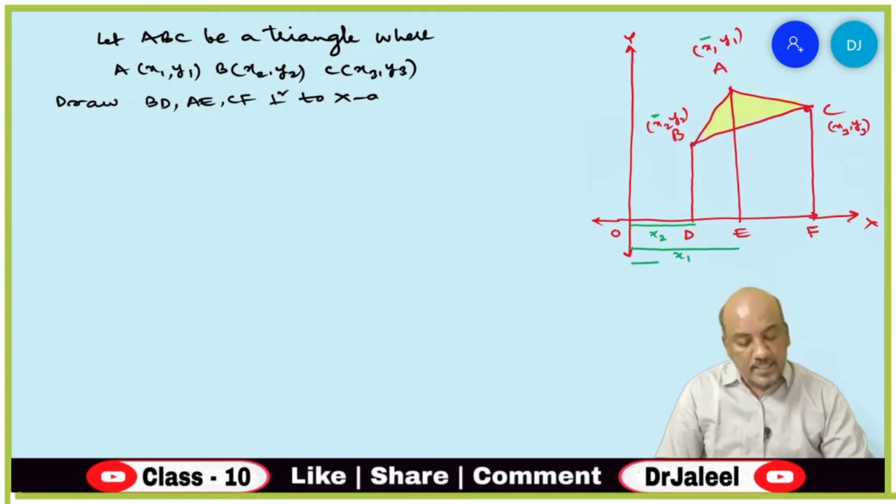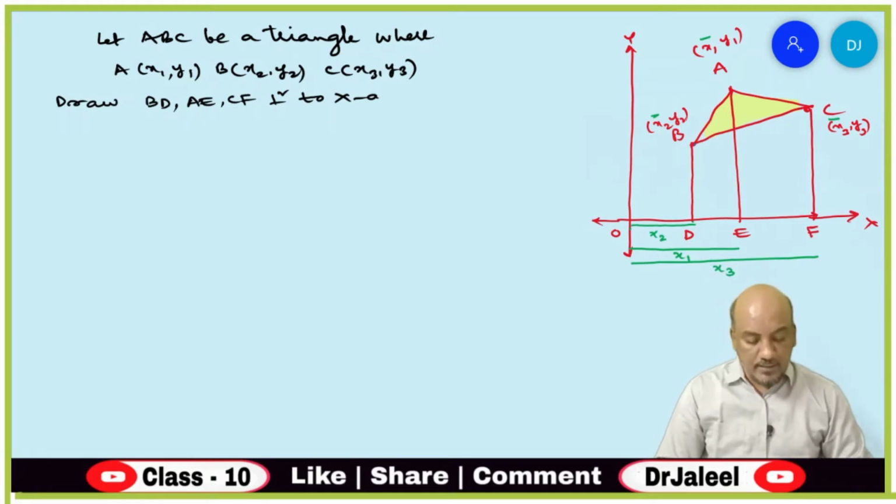What about the distance from O to F? You have to consider this x coordinate. I hope you are understanding. This is x3. So children, how do you get this DE? You can get DE only when you do this whole distance minus this distance, that means OE minus OD. You will get it as x1 minus x2.